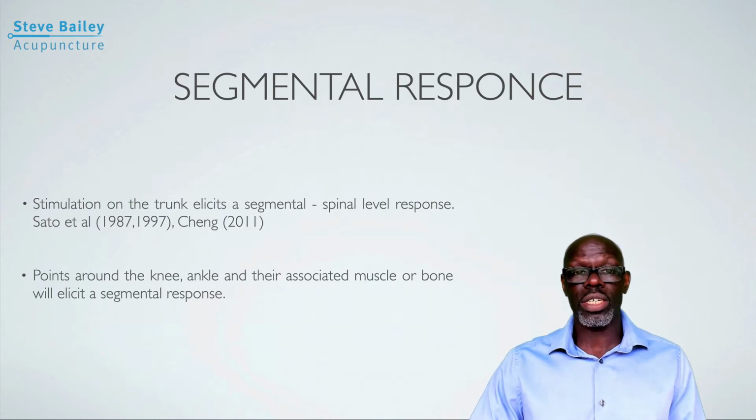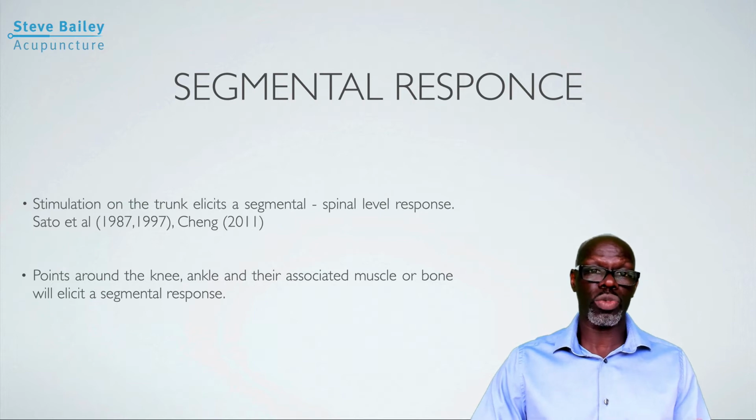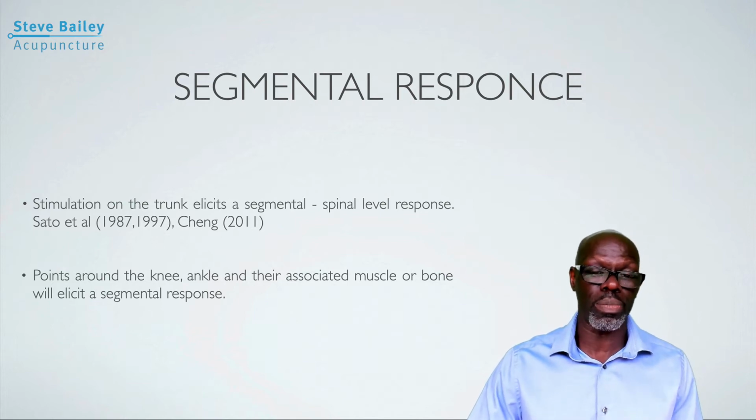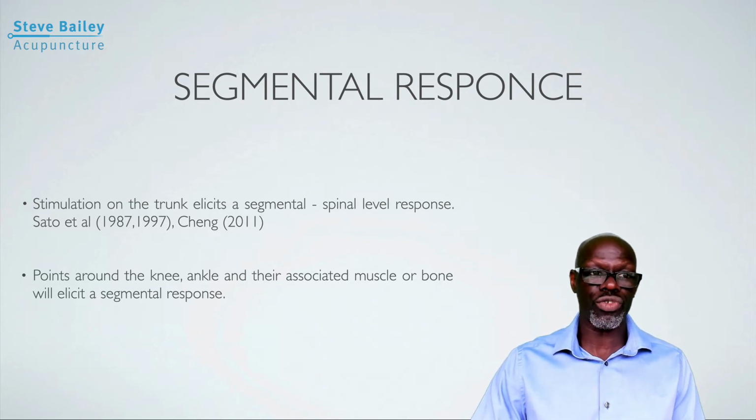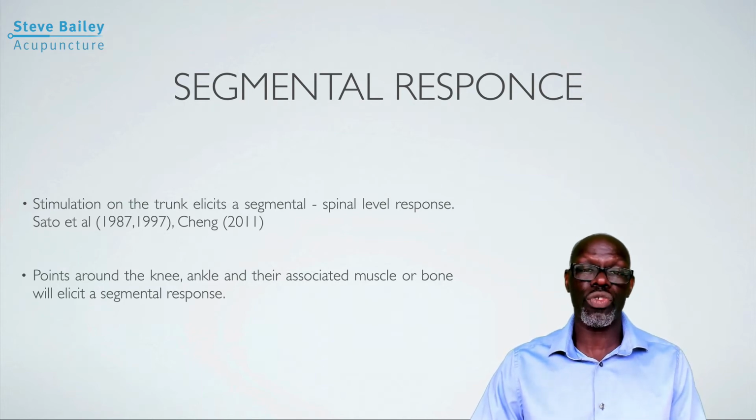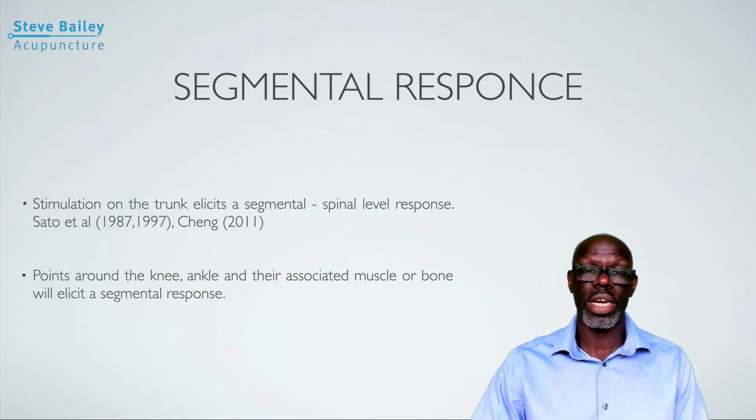One of the key things also, as we're saying, is on a segmental basis, depending on where you actually needle, you're going to find a strong response out in the extremities as opposed to needling up on the torso. So that's something to bear in mind.